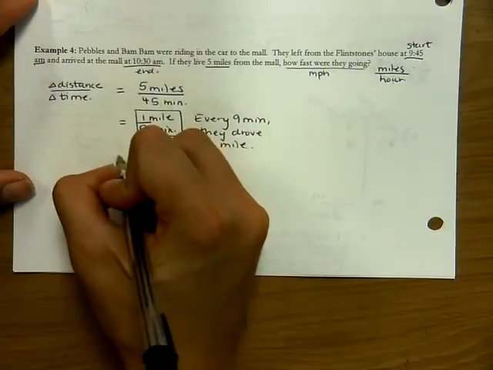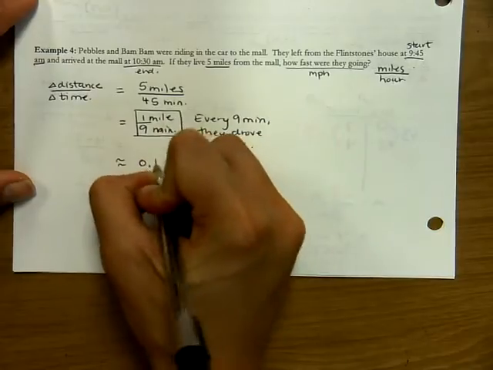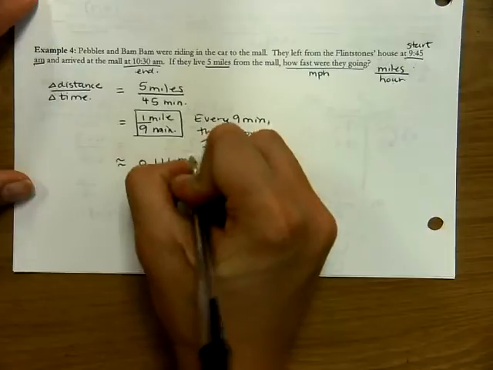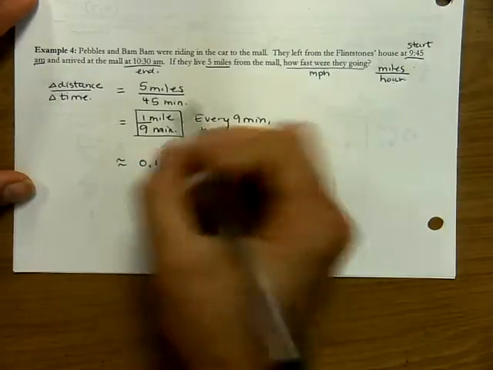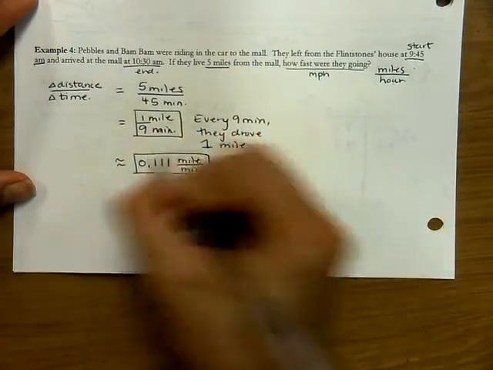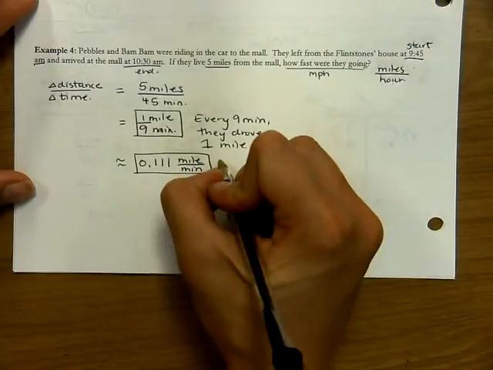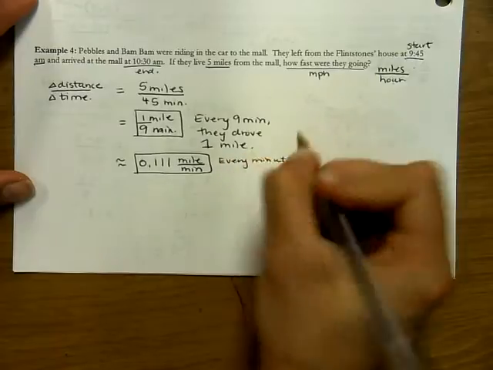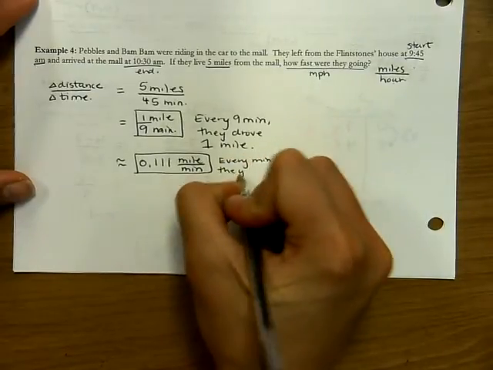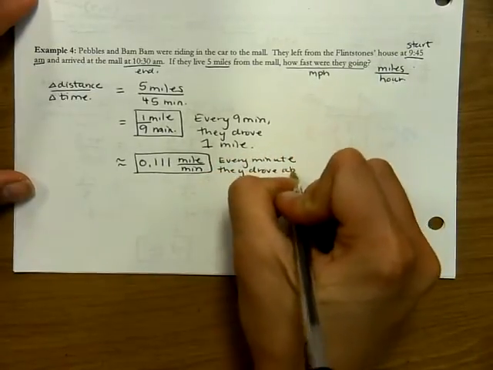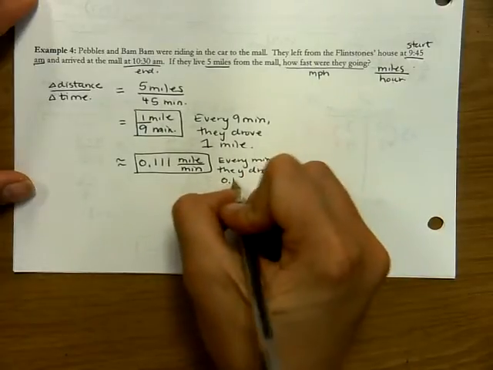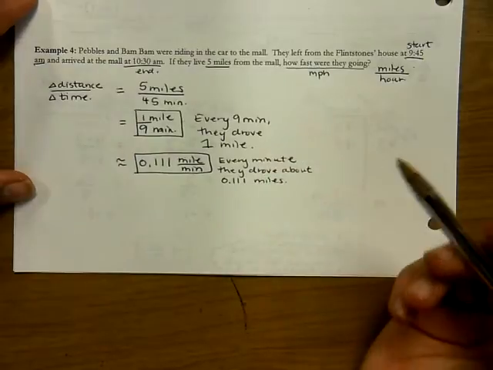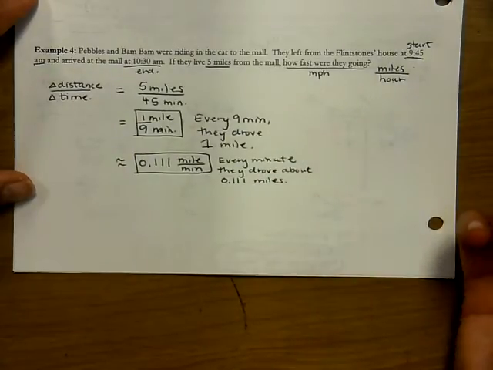If you punch that in a calculator, you get that that's approximately 0.111 repeating, so we could write point 111 like that. You could still say mile per minute. But now the interpretation would be slightly different. What this is saying is that every minute they drove about 0.111 miles. So we're kind of changing the interpretation here.